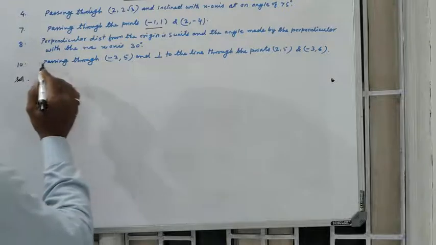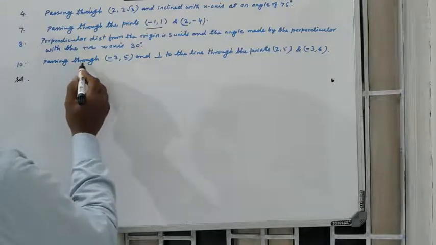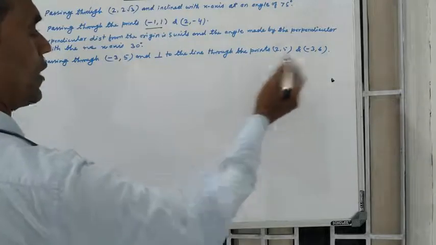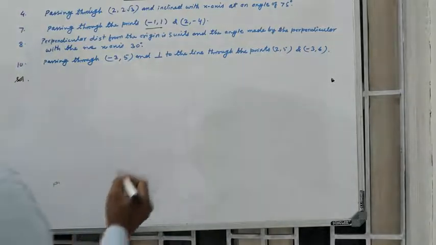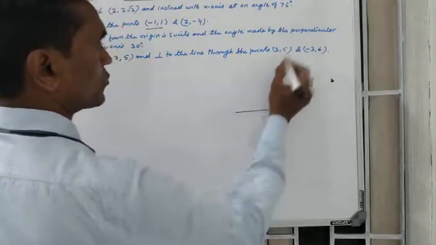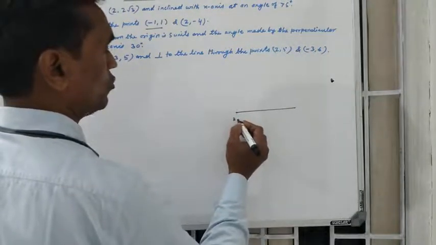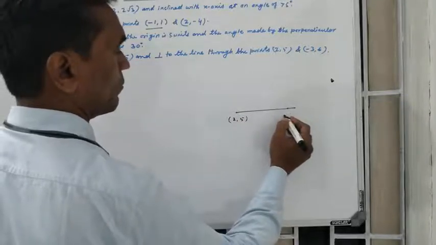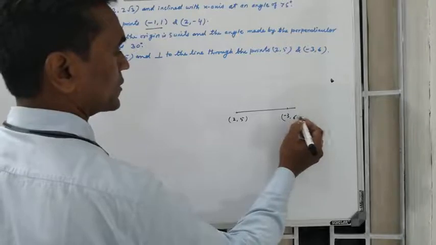Find the equation of a line which passes through this point and is perpendicular to the line through these points. It means we have to find, suppose these 2 points are (2, 5) and (-3, 6).